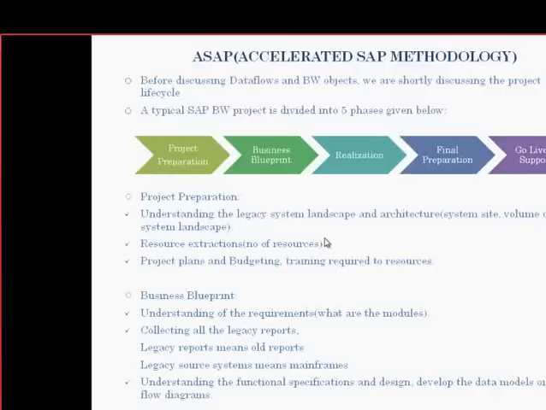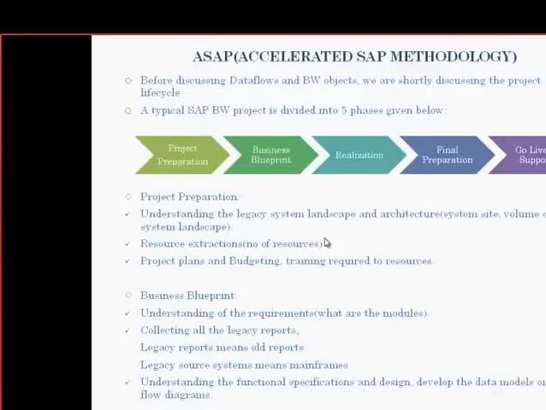Typically in a SAP BW project there are 5 phases: project preparation, business blueprint, realization, final preparation, and go live and support. What is project preparation? When a project starts, higher level people like project managers try to understand the legacy system landscape and the architecture of the project. They want to understand the resources needed and plan the project, from budgeting to the trainings required for resources.